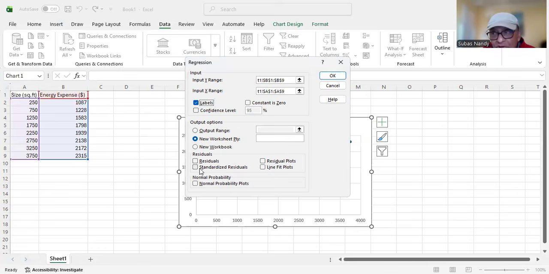Of course, your goal will be to keep the residual as small as possible because you want the predicted value to be close to the actual y value. Let's just click on the residuals just like that. So again, the residual is the difference between the actual y and the predicted y. You want that residual to be as small as possible.